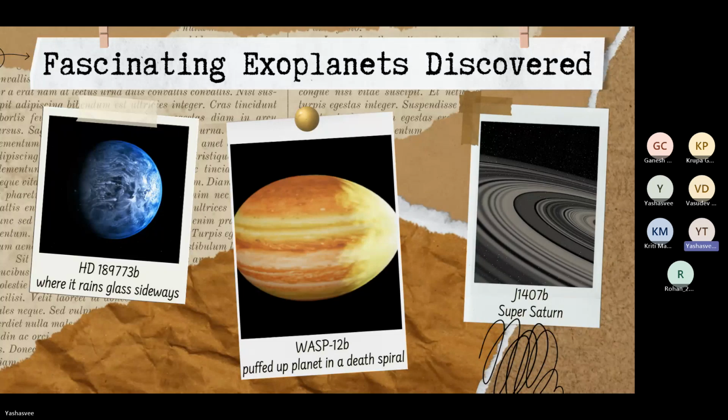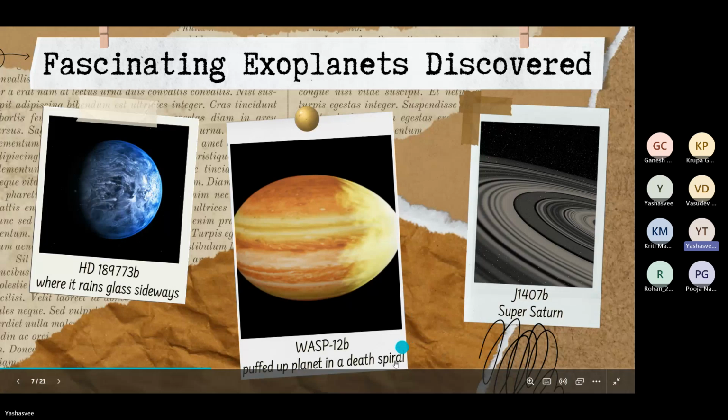So now let us take a look at some of the fascinating exoplanets which have been discovered till now. First we have HD 189733b. This exoplanet is interesting because it rains glass here, and not just that, it rains glass sideways. Then we have WASP-12b. It is a puffed up planet in a death spiral.